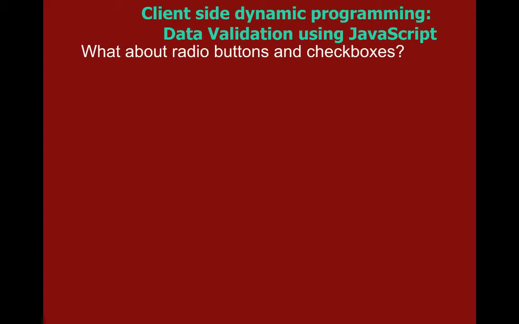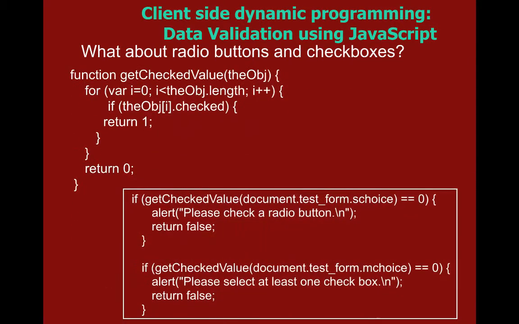Radio buttons and checkboxes are very common elements that we find on forms, and we can check whether any of the selections have been made on a radio button, or on a checkbox, using code like this. Because radio buttons and checkboxes have multiple choices, the choices can be represented by means of an array.